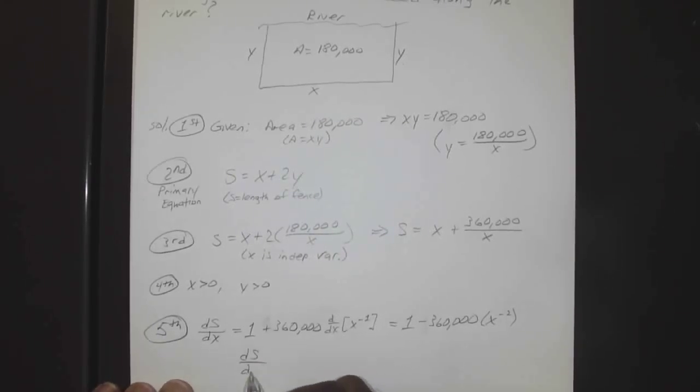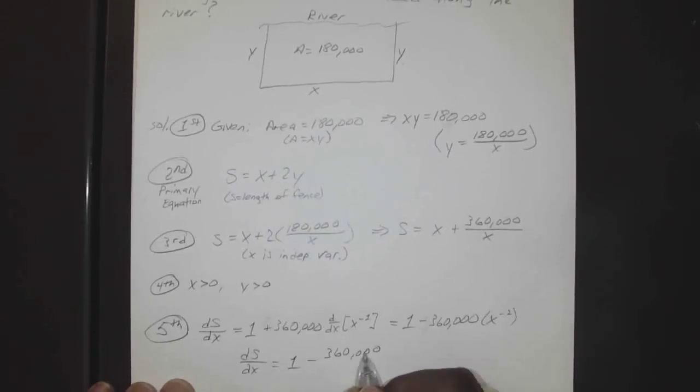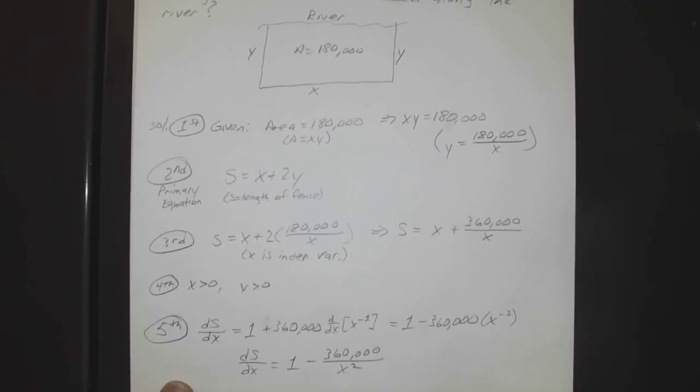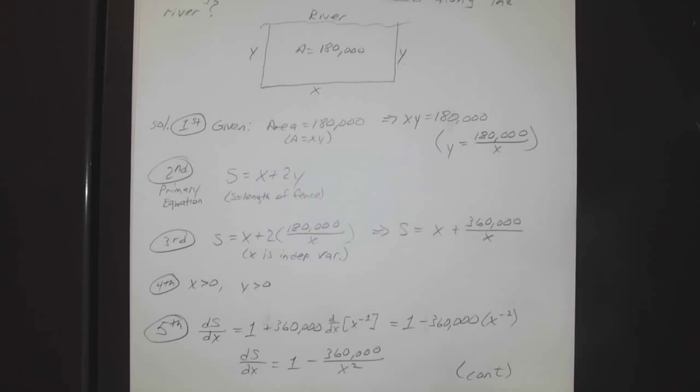So our change in s with respect to x is equal to 1 minus 360,000 over x squared. Okay, so we just need to know where that is equal to 0 because that's our critical point. I'll leave that up and we'll continue on the next page.